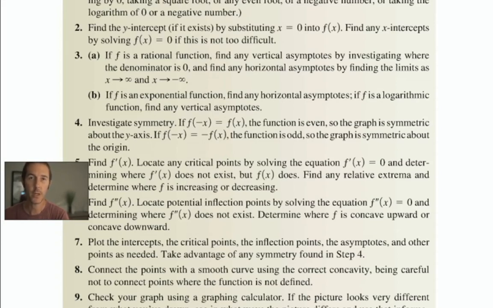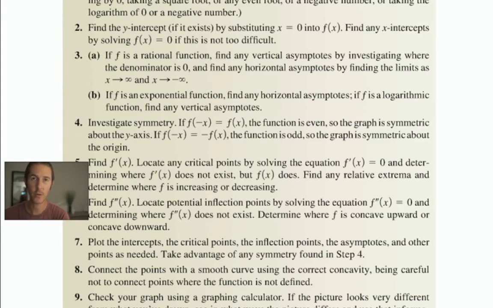If the degree of the numerator is larger than the denominator, then you will not have a horizontal asymptote. And if the degree of your denominator is larger, then y equals 0, the x-axis, will be your horizontal asymptote. You could also go so far as to look for slant asymptotes.